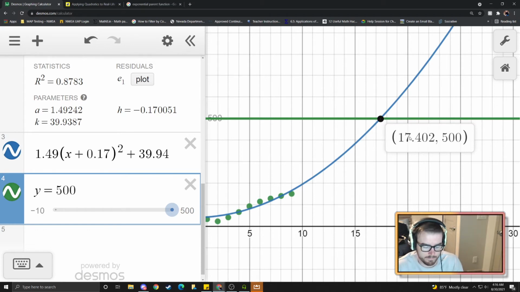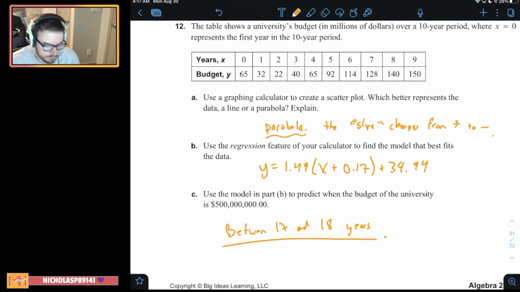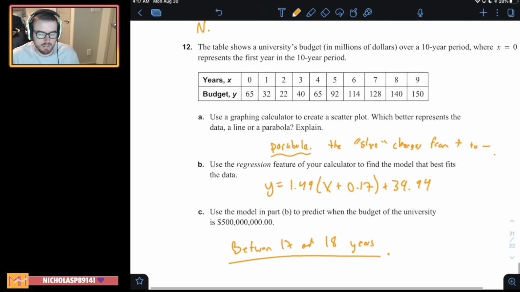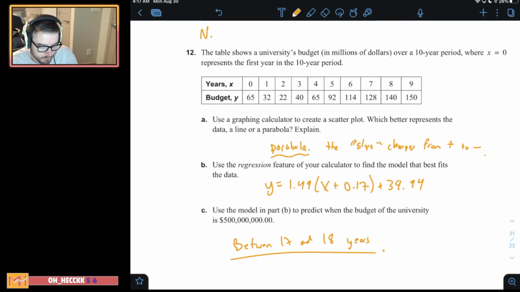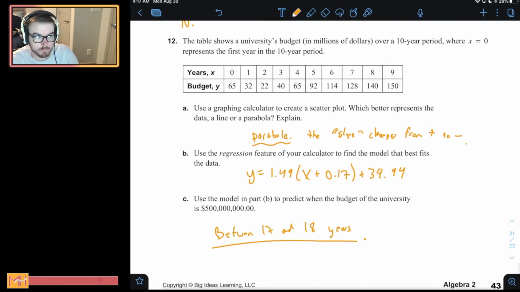That's what I'm going to write. Between 17 and 18 years. All right. Beautiful.